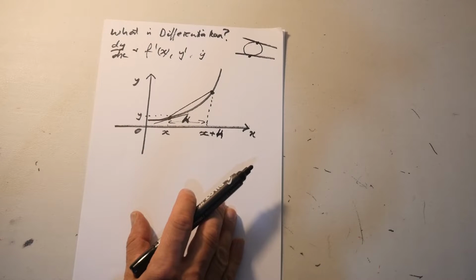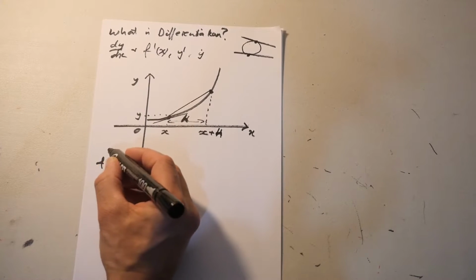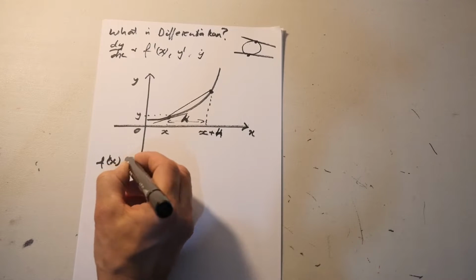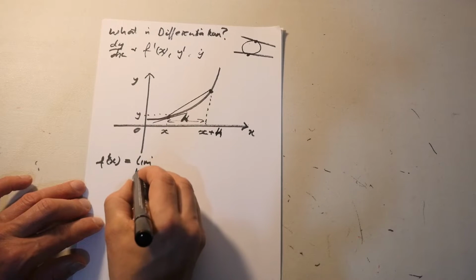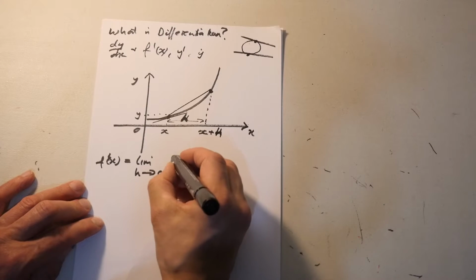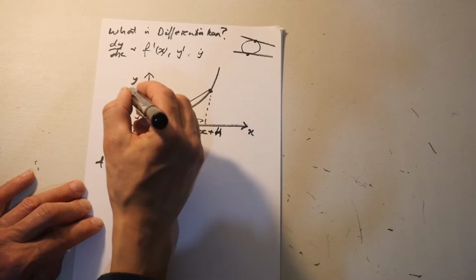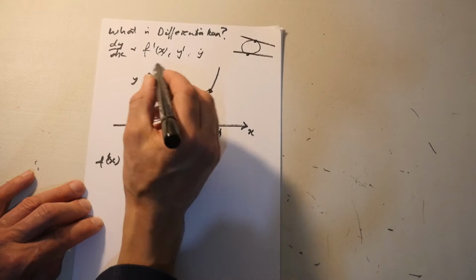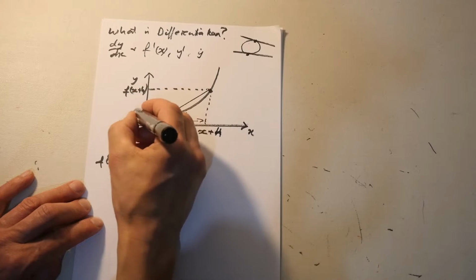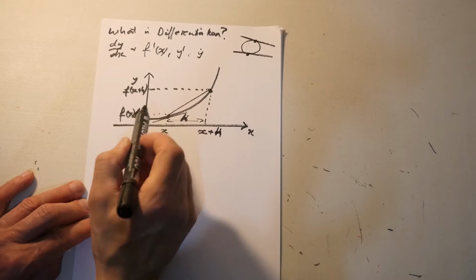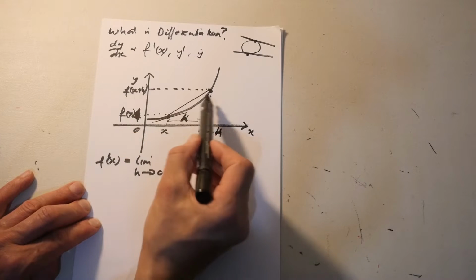So you basically have f dash of x equals, you say, in the limit of h tends to 0. So you have f of x at this point, that's x, and that's f of x, the y value. That's x plus h, and that's f of x plus h there.